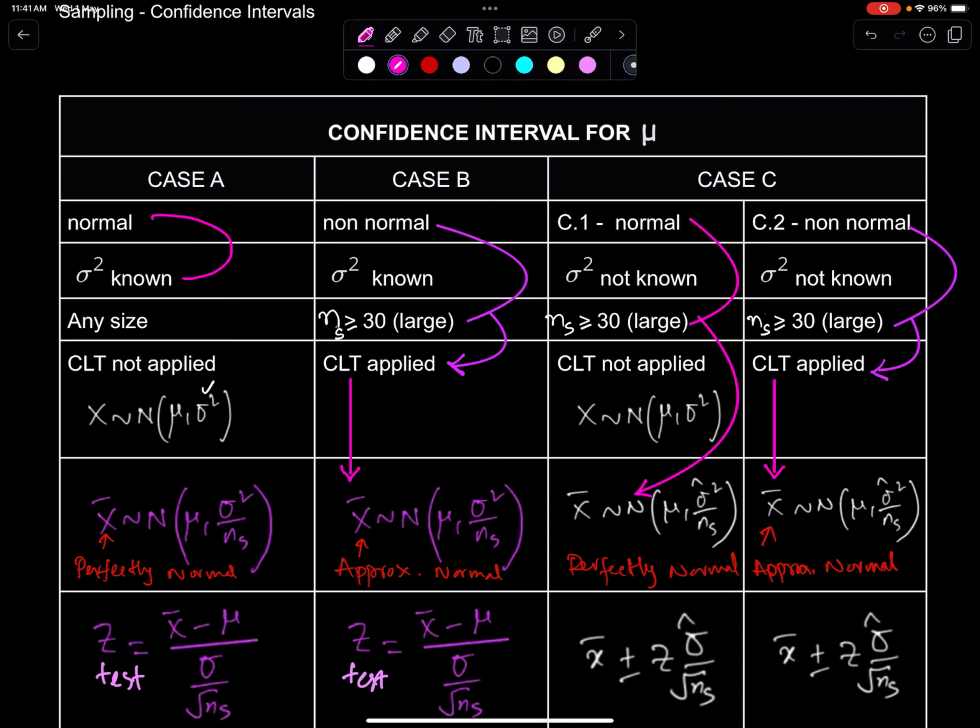So with the help of these two informations, we can say that the distribution of X bar is normal. Here these two things would help you. Normal, n is large, so X bar is normal.